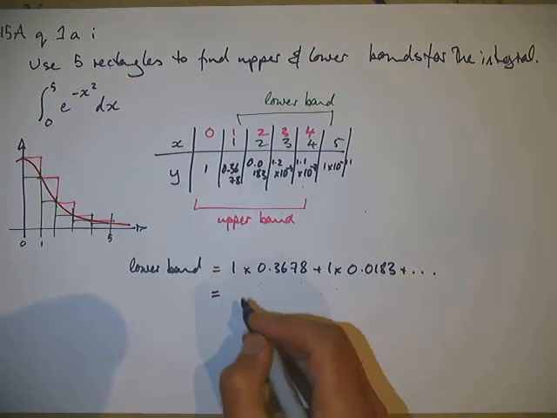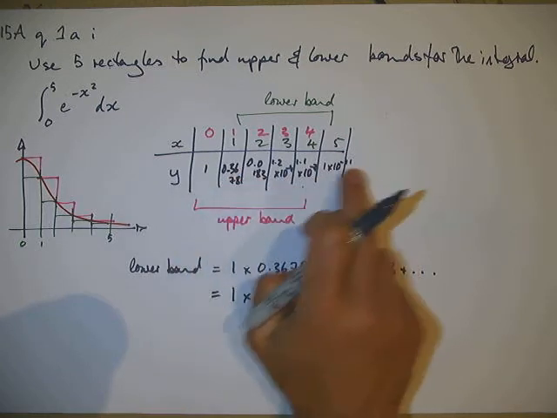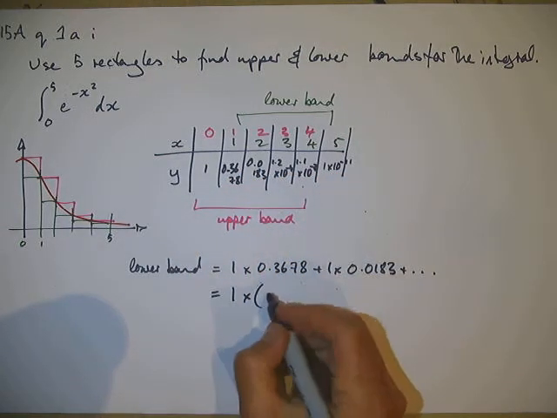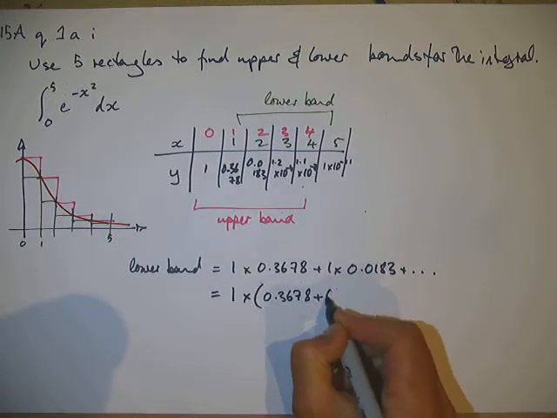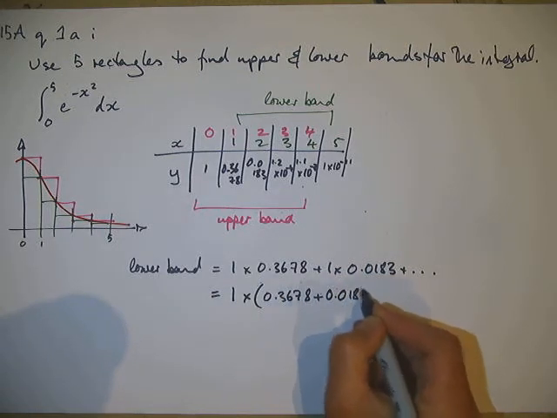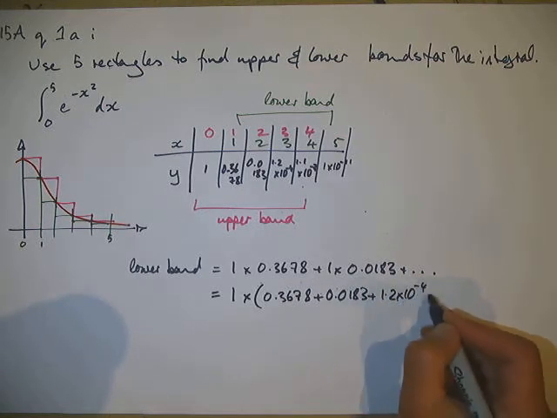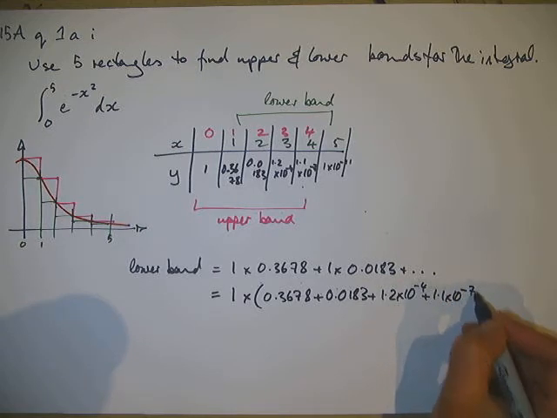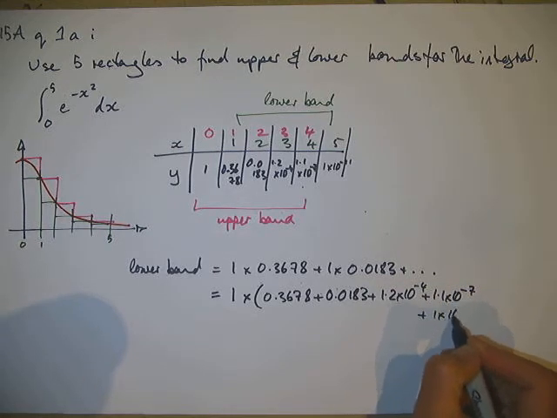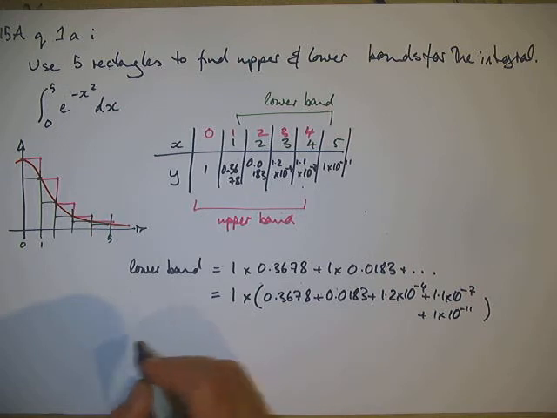So you can always do the width, which is equal, and then just add up the 5 y values: 0.3678, 0.0183, plus 1.2 times 10 to the minus 4, plus 1.1 times 10 to the minus 7, plus 1 times 10 to the minus 11. If you think about it, we're not going to write all those decimal places. These ones are going to be relevant.